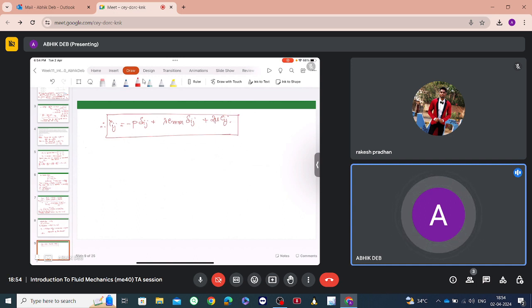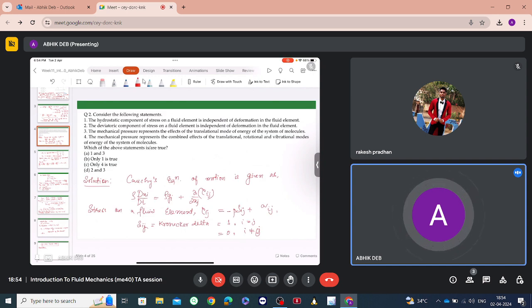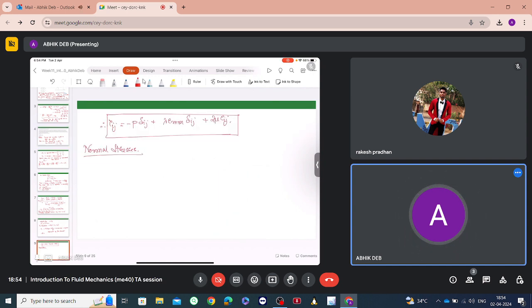And then normal stresses, because we have been asked to go to the mechanical pressure. So for the normal stresses, i is equal to j. If we put i equal to j, tau ii is equal to minus p plus lambda emm plus twice mu eii.